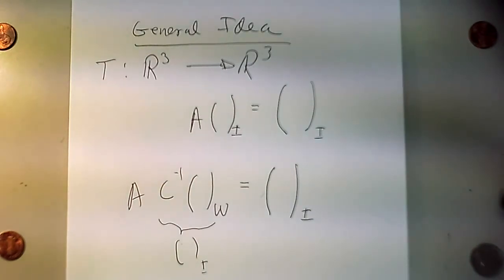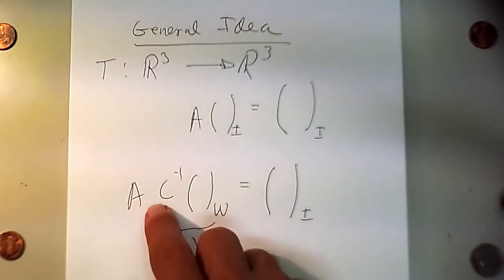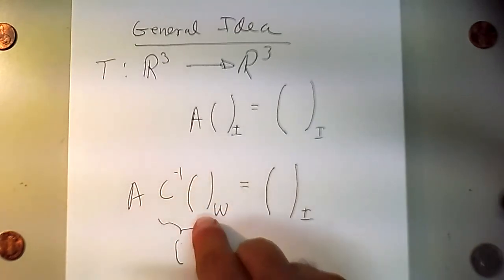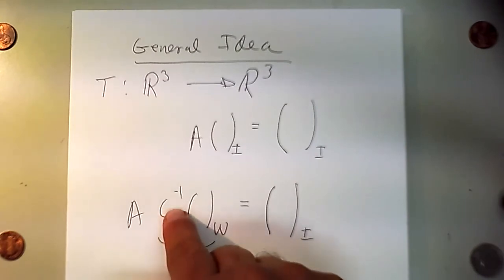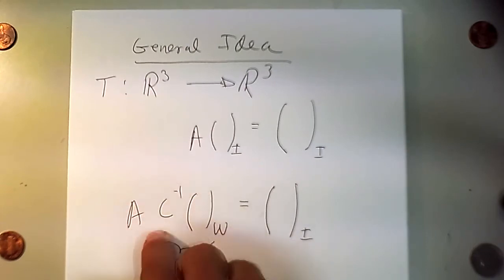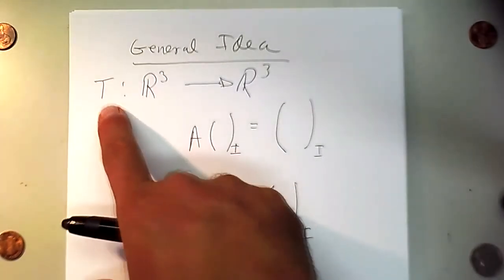Isn't that cool? That's the cool part about it. In fact, we can do that now. So yeah, we can probably make an example out of that. So we can take this matrix multiplied with A, and that gives us a new matrix that takes vectors in weird coordinates, applies the transformation.